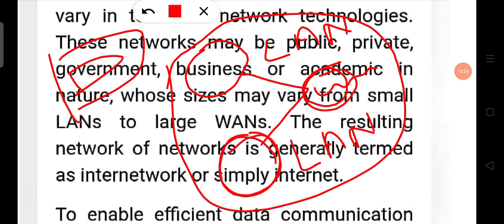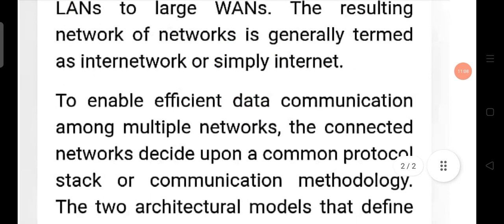You can search, let's say, JSide. JSide has a network. You can search any other network. So that's all about your internetwork.